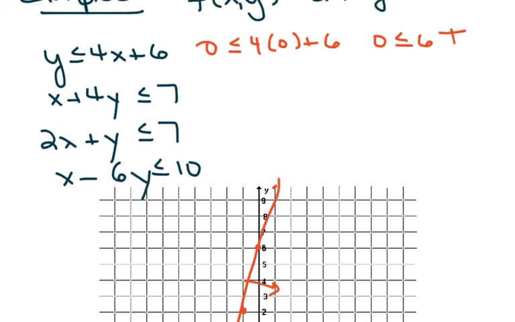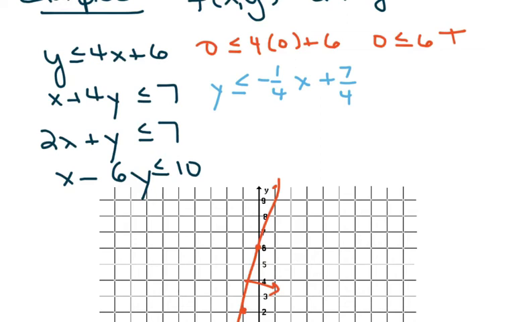The second inequality, if you put it in slope-intercept form, you get y is less than or equal to negative 1/4 x plus 7/4. Let's change that a little. That's not a very good equation to graph, is it? Because the y-intercept, where do you put 7/4? I don't know.